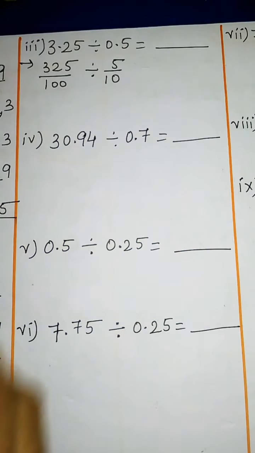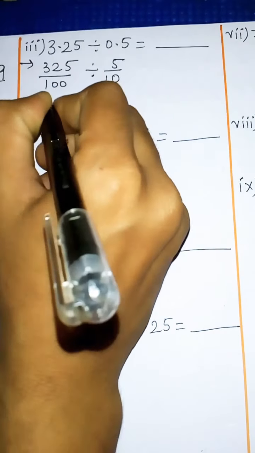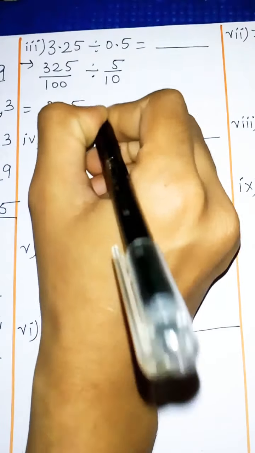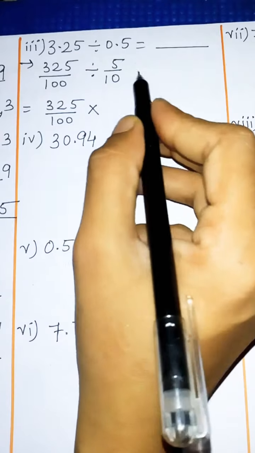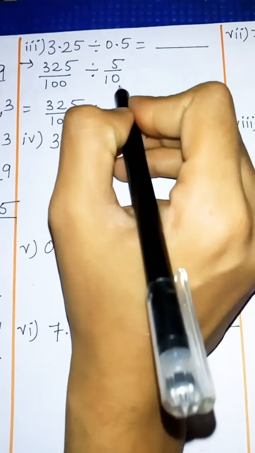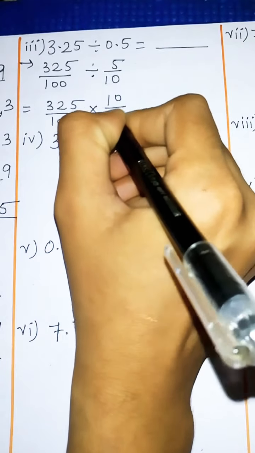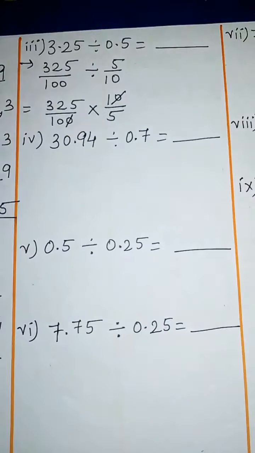Okay, now we will take reciprocal and we will change this sign. So it will be 325 upon 100 multiply by, this division sign will change into multiplication and the next fraction, means this part, we will take reciprocal after the sign. This part 10 upon 5. Now we will do cancellation. So 0 and 0 cancelled.